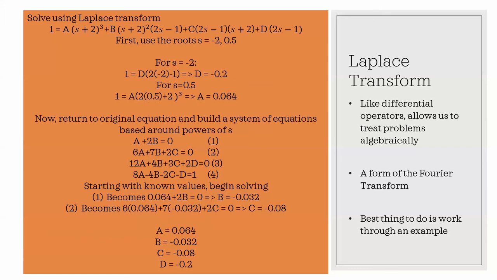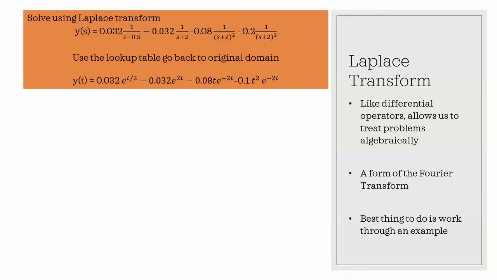Okay, so now we have our 4 unknowns that we can substitute into our original fractions. So we wind up with y in the Laplace domain equal to 0.032 times the quantity 1 over s minus 0.05, where I have gotten s by itself by dividing through by 2 on the entire term, because remember in our Laplace transform table, s is always by itself.